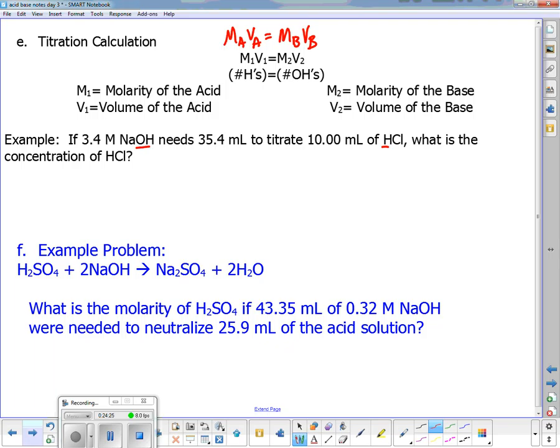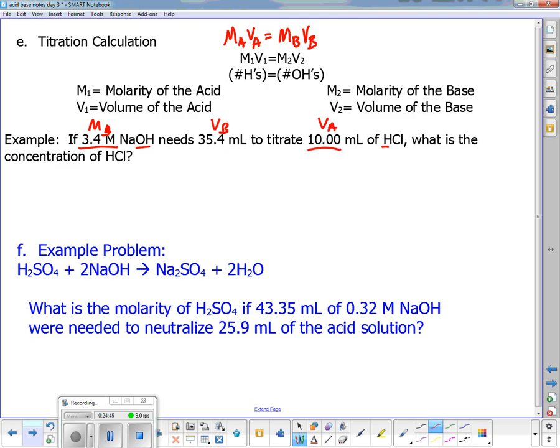As I'm going through, this one is my molarity of my base, actually. This is my volume of my base, and this is my volume of my acid.